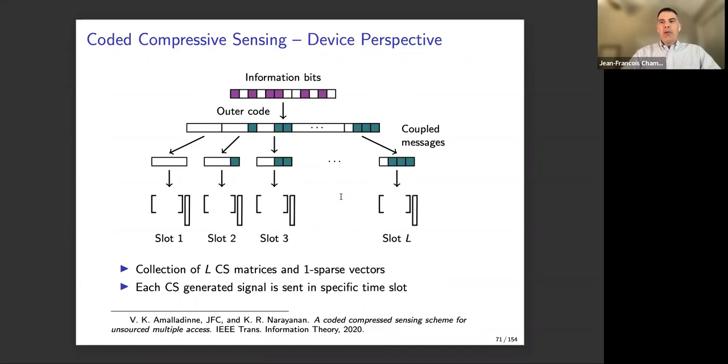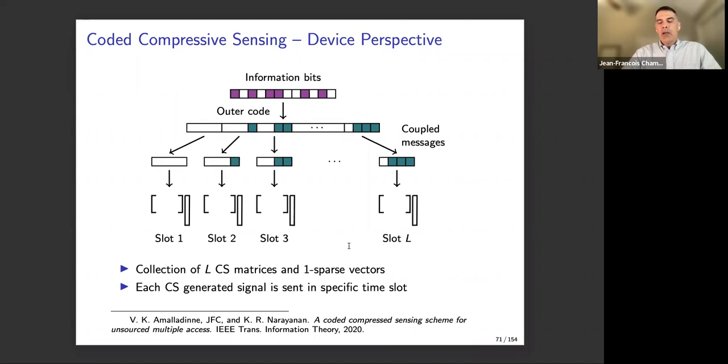But we need to be able to stitch the different messages. So now I started with one immense compressed sensing problem, and I've been able through data fragmentation and indexing to reduce it into L compressed sensing subproblems. But if I do L compressed sensing subproblems, now I have a subproblem in slot 1, in slot 2, another compressed sensing problem in slot 3, and so on.